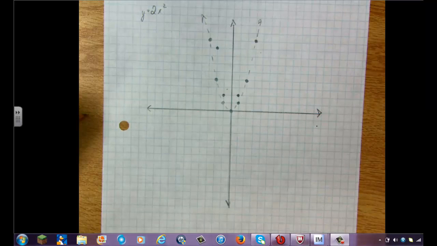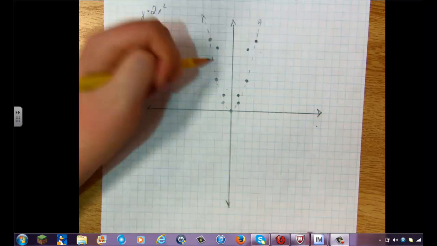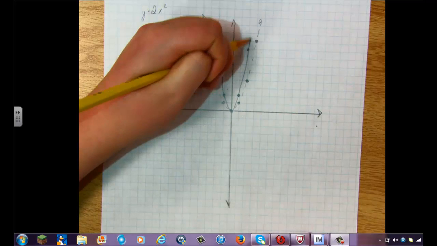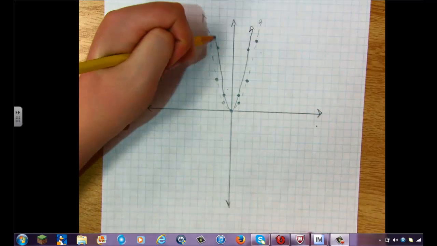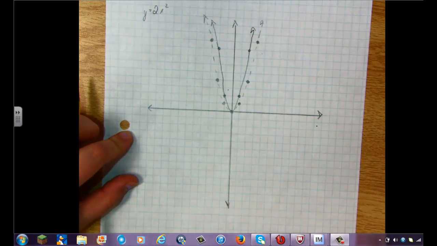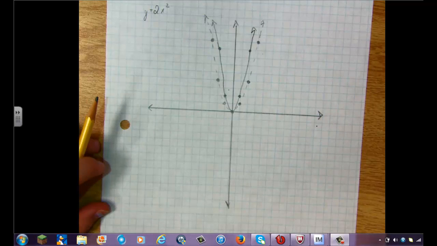And 2, 4 would be 2, 8. Dilating a graph by a number bigger than 1 would make the graph a vertical stretch.